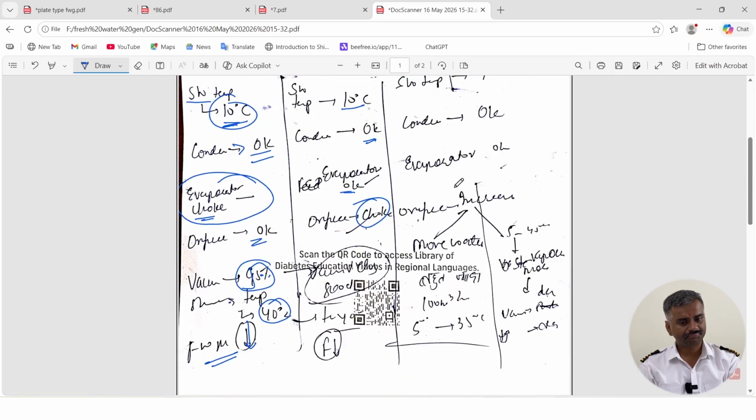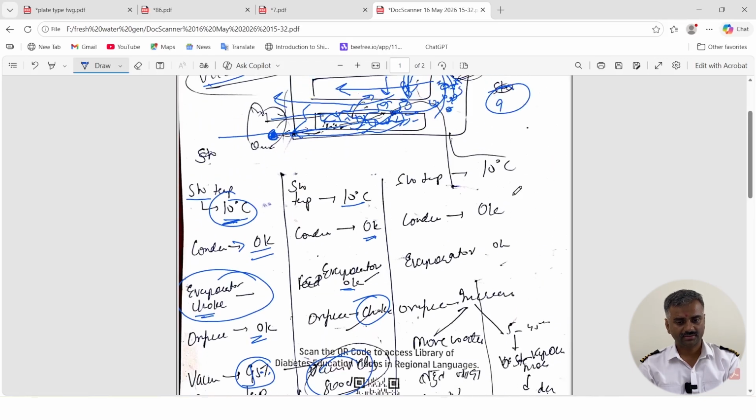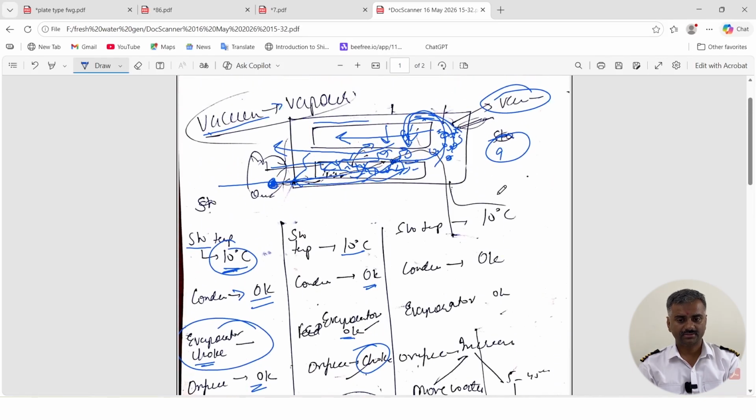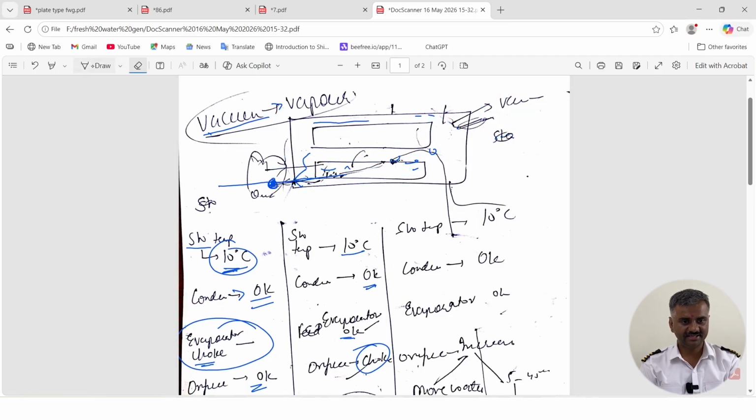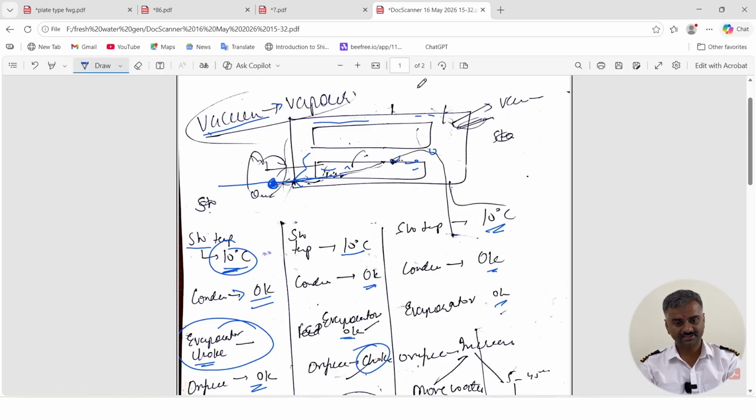So you see, the cell temperature remains unaffected, the vacuum is also very good, but freshwater production drops in this case. Okay, third case. In this case, we see that seawater temperature is 10 degrees centigrade, same, condenser okay, evaporator also okay. The orifice hole size increases, the orifice becomes bigger.